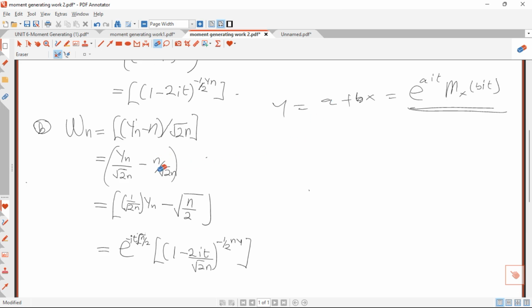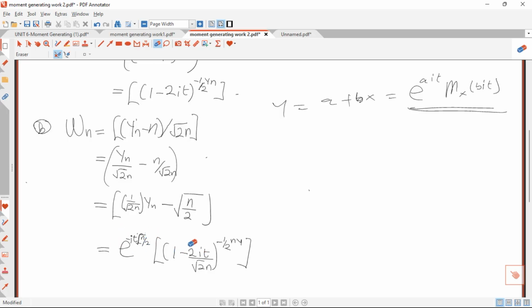But when we come here, our constant n divided by square root of 2n is negative. So that's the only thing that's going to change. So here we are just going to take this formula. Our a here will represent negative square root of n divided by 2. So we are going to replace where we see a by negative square root of n divided by 2. So you are going to get negative it times square root of n divided by 2 for the first part.